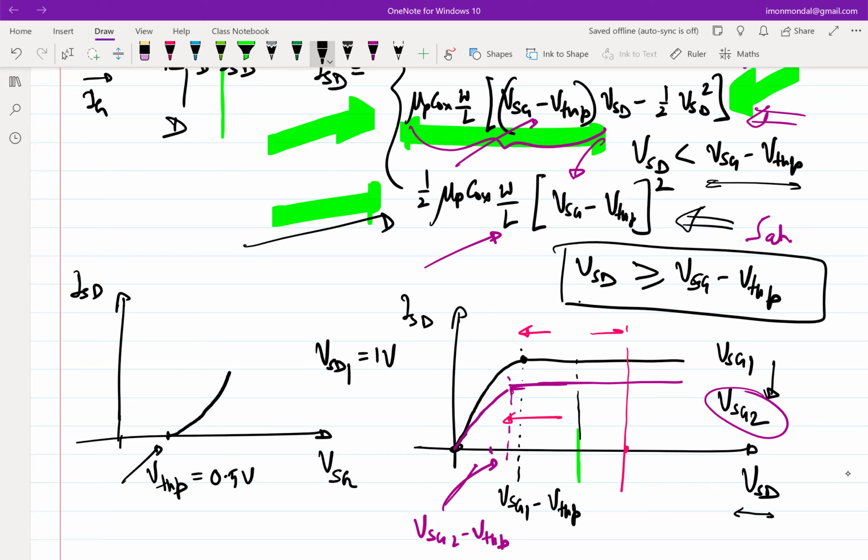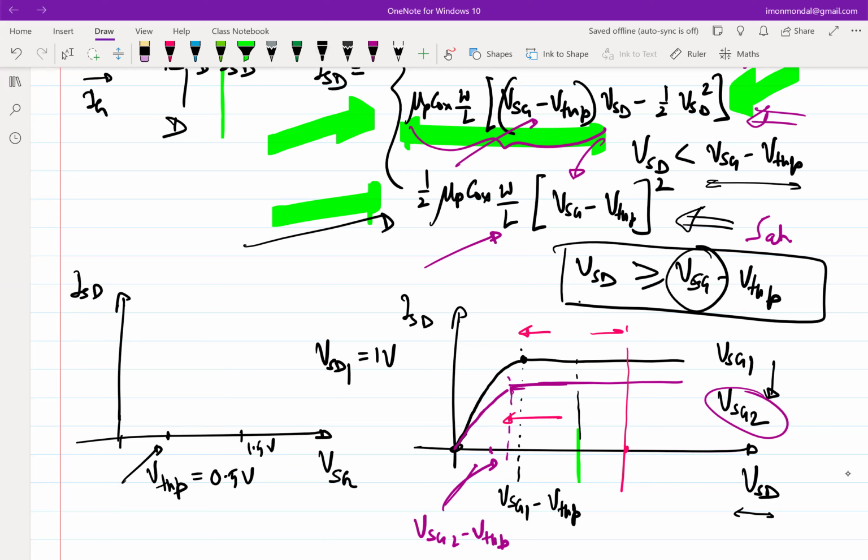Depending on greater than or less than, depending upon which region you are looking at. Yeah, right. So VSG should be less than or equal to 1.5, right? So essentially, I am varying the VSG and I'm trying to figure out what is the limit of VSG. If I keep on increasing VSG, I'm violating that limit. So that borderline condition is VSG equal to 1.5.